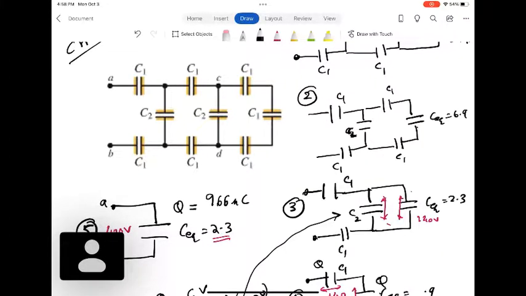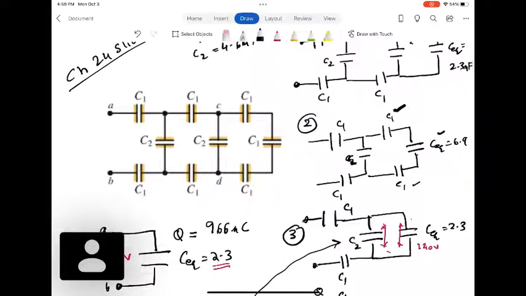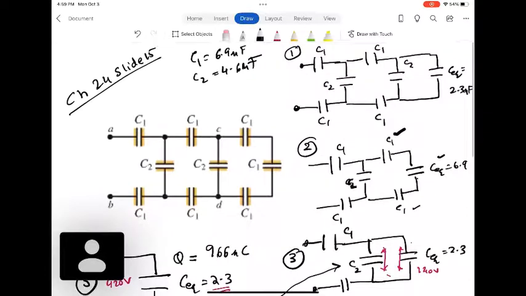So in diagram 2, the C equivalent of diagram 3 gets replaced by a C1 and another C equivalent and a C1, right? And since the C equivalent of diagram 3 has a potential difference of 140 volts, that potential difference is shared by the three C1s. And so there, I mean, the three 6.9 microfarad capacitors.